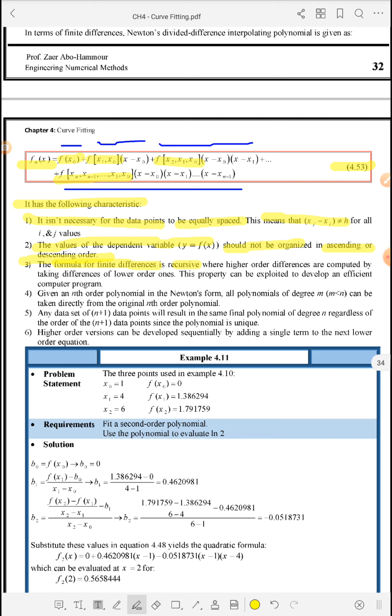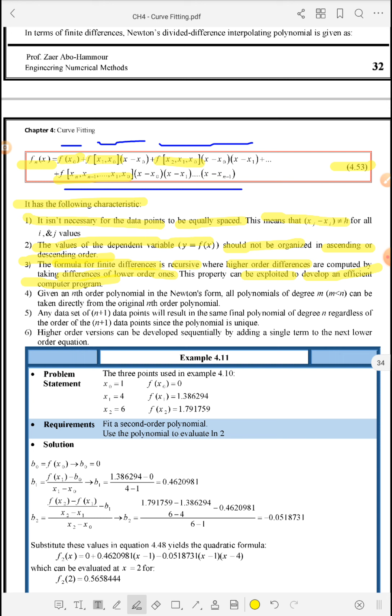And we cannot calculate any second order divided difference until we calculate at least two first order divided differences. So it's recursive. It means that we cannot go to any higher order differences without the calculation of the lower order ones. And this feature can be exploited to develop an efficient computer algorithm for programming aspects.